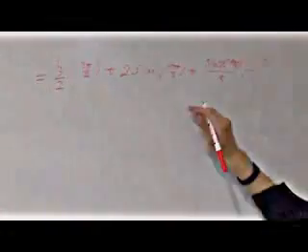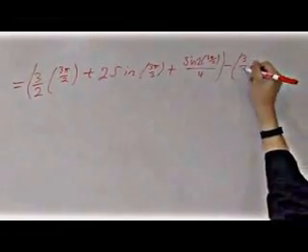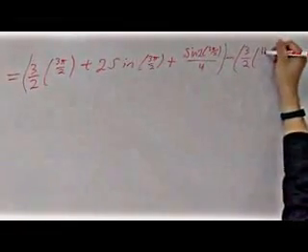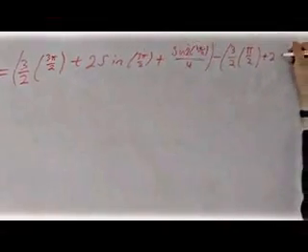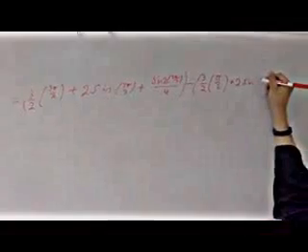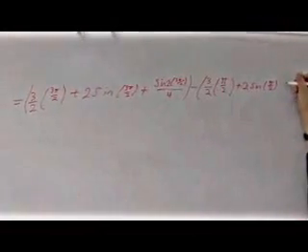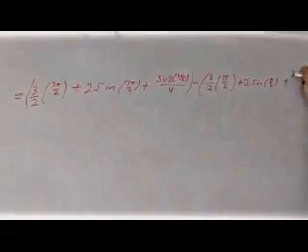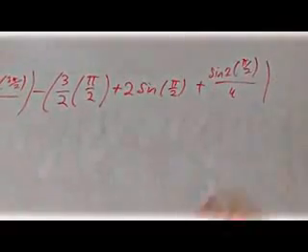Now, minus the higher limit minus the lower limit. It's going to be 3 over 2 times pi over 2 plus 2 sine pi over 2 plus sine 2 times pi over 2 divided by 4.